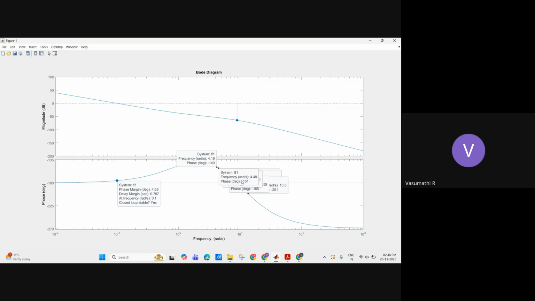I couldn't choose it properly at 150, but it's around 149 to 151 in the middle.